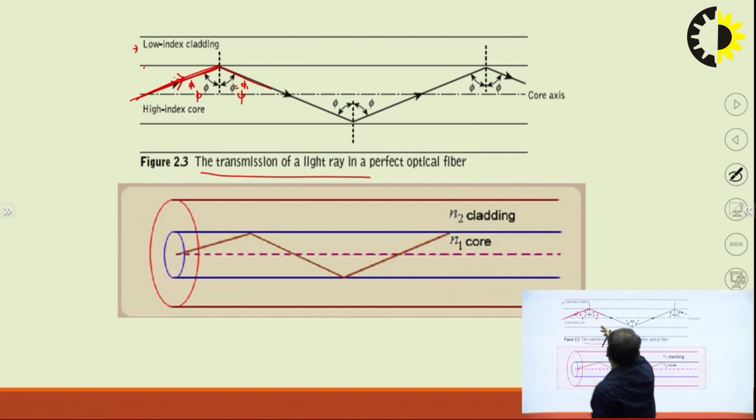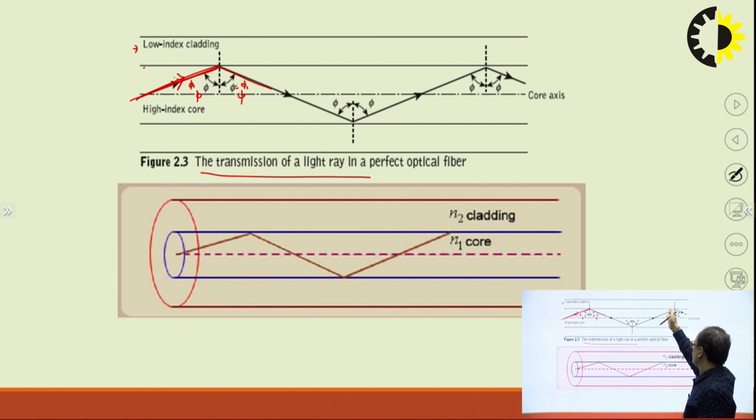Similarly, this ray will get reflected at this core cladding interface, making an incident angle greater than the critical angle, and this ray will also get reflected back into the same medium, and here the first phi will become equal to this phi, and this phi will become equal to this phi. So that is the total internal reflection.